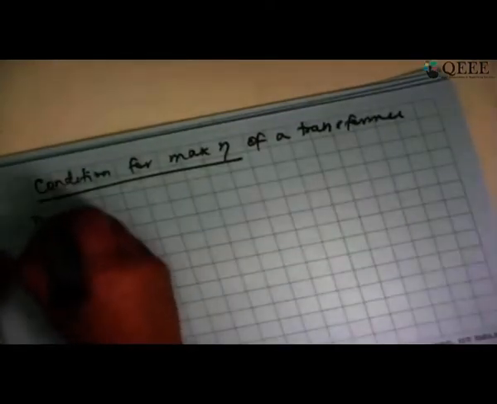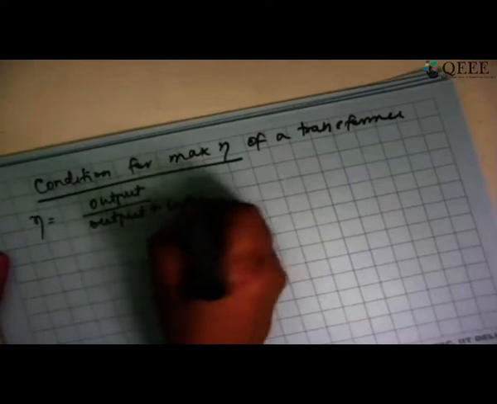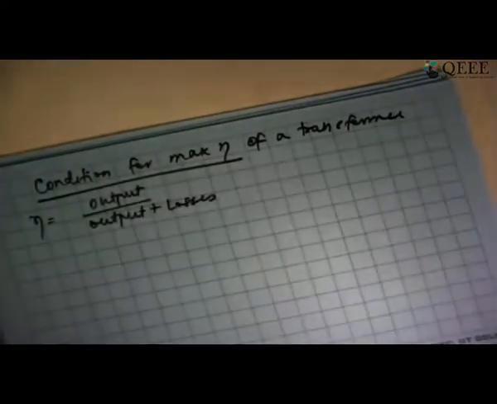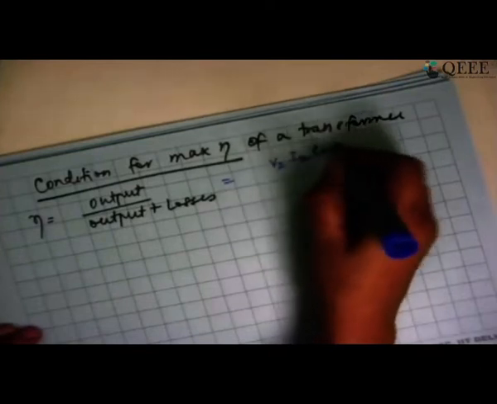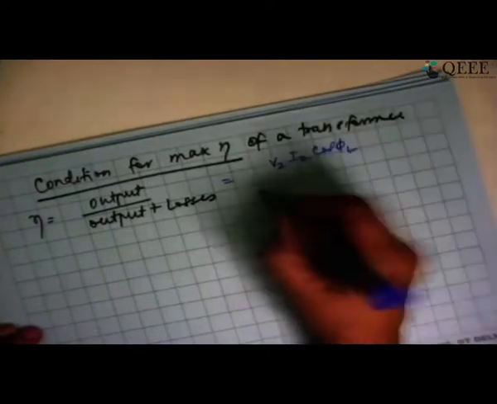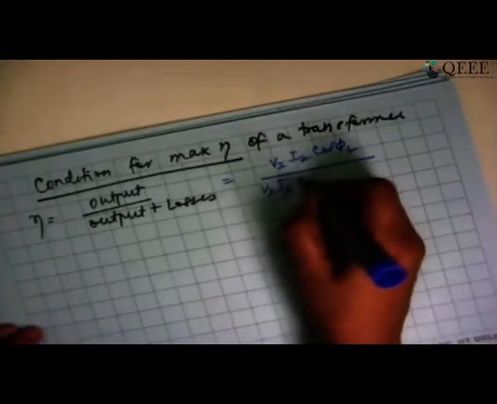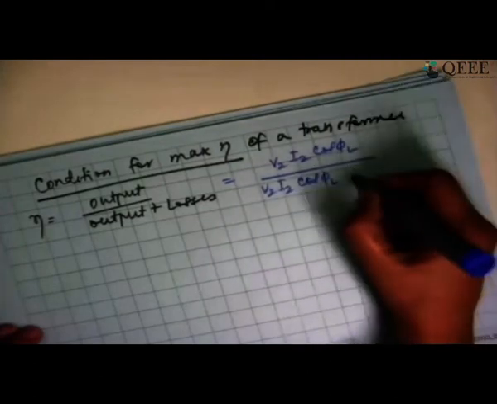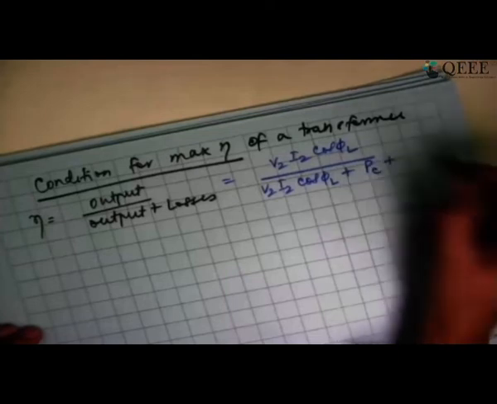We already said that the efficiency is output divided by output plus losses. So let me write it like this: V2 I2 cos phi 2, or cos phi L, divided by V2 I2 cos phi L plus constant loss plus PCU.